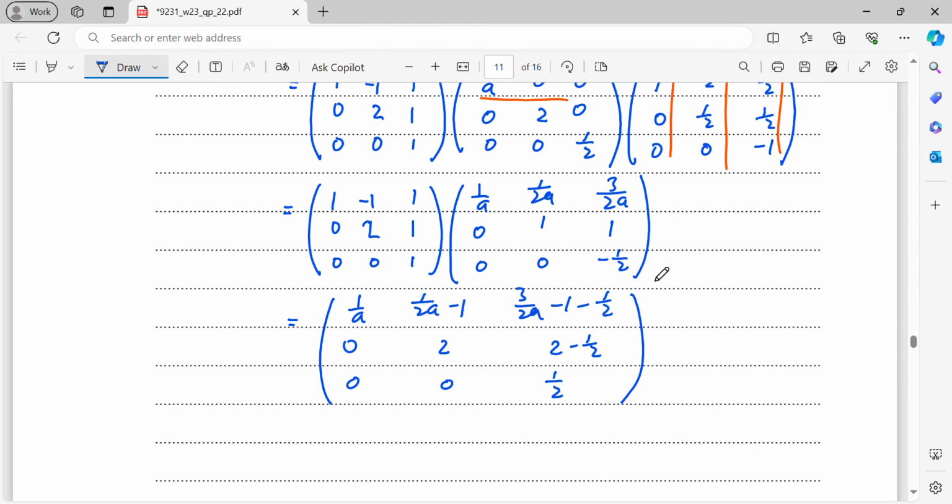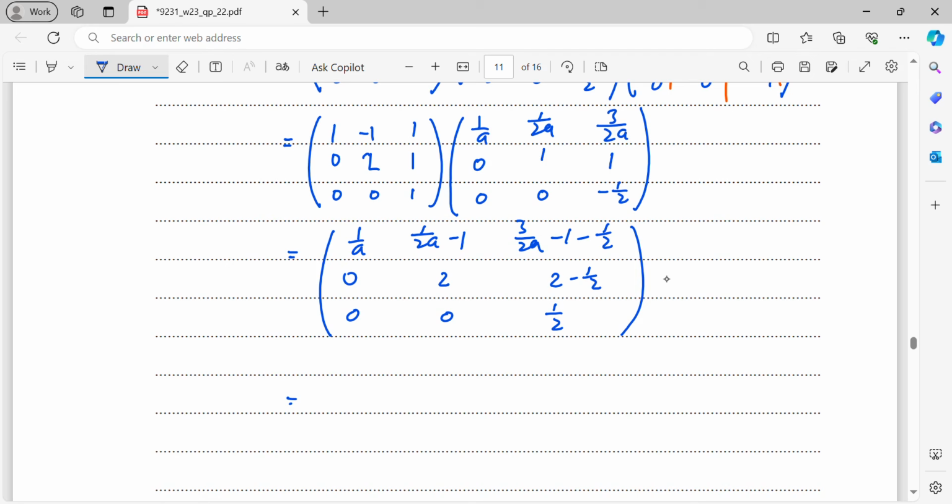Then at last, to simplify the answer, you will just get 1 over A, 0, 0, 1 minus 2A over 2A. Then 2, 0, and then 3 minus 3A over 2A. Then 3 over 2 followed by half. So this is your A inverse.